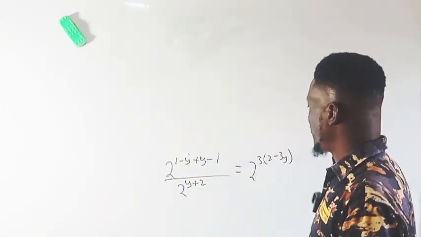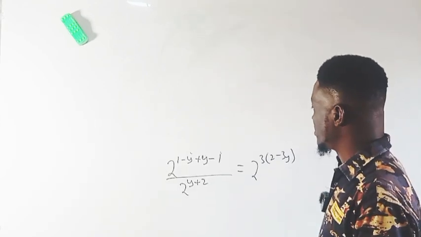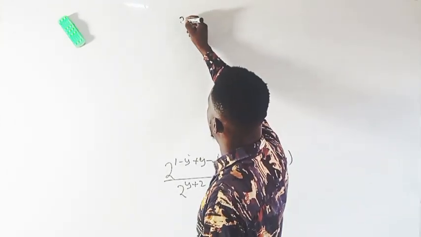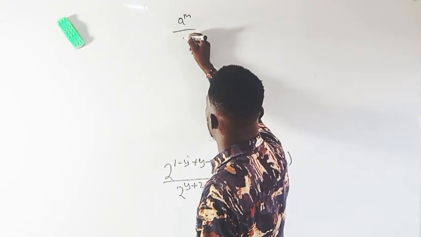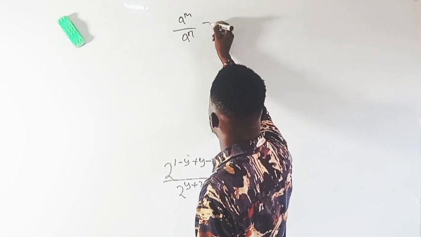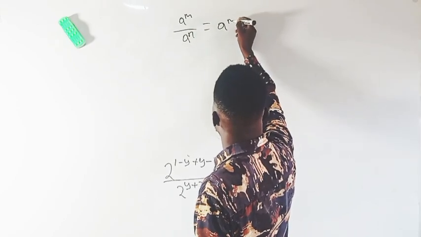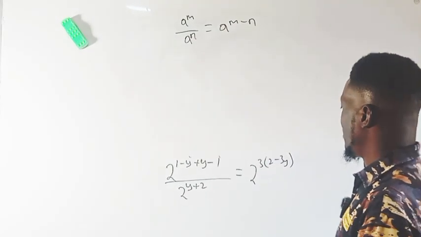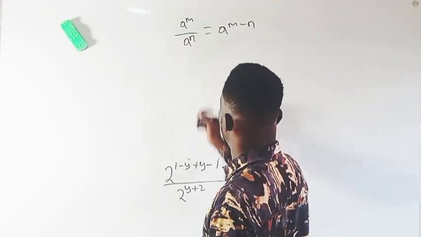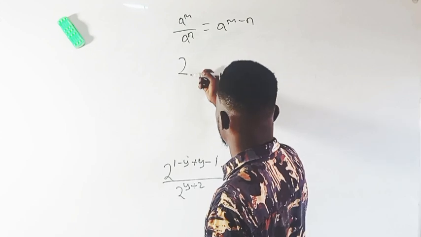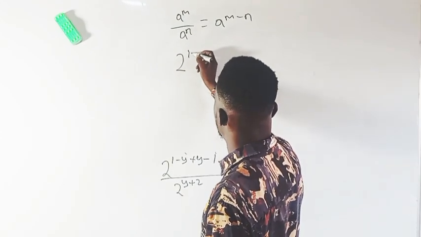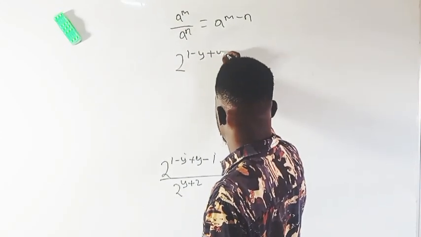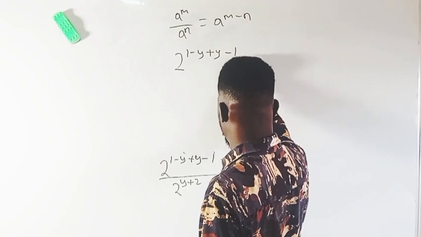For our quotient rule, note that whenever you have a raised to power m over a raised to power n, it is the same as writing a raised to power m minus n. Having understood that, this can be written as 2 raised to power 1 minus y plus y minus 1.